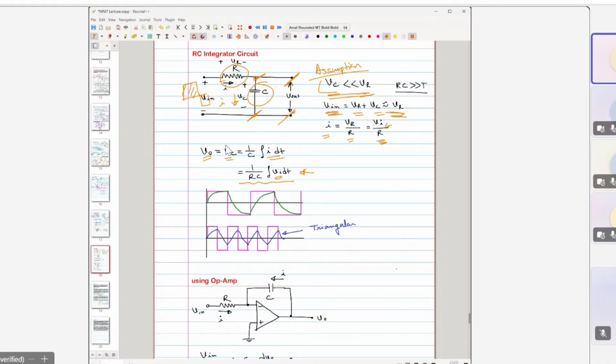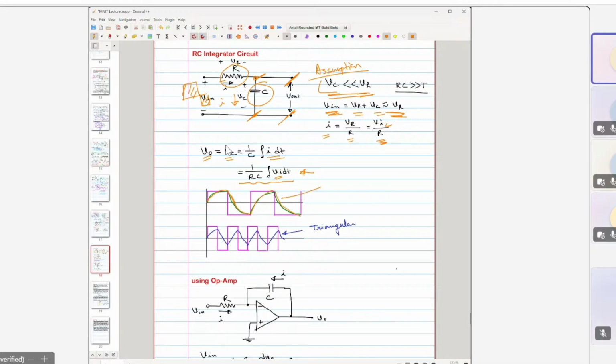So it takes some time to build the potential across this cap. It cannot build instantly. It will build exponentially, as 1 minus exponential of t by RC. So you can see this building exponentially and reaching towards the maximum value. Then when the input toggles to the negative half, it discharges and goes back to this level. Then it again charges and discharges.